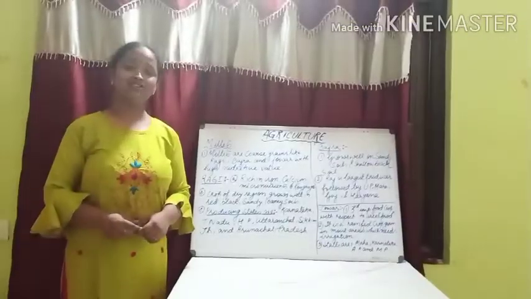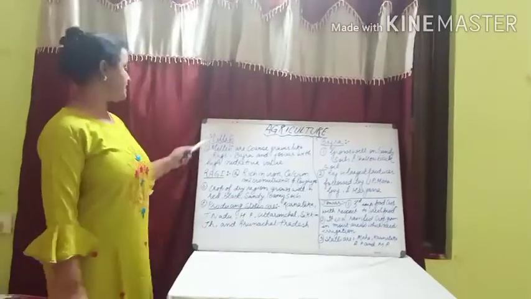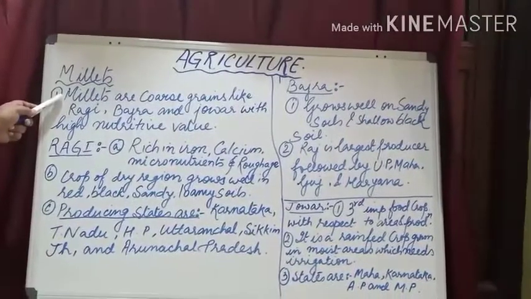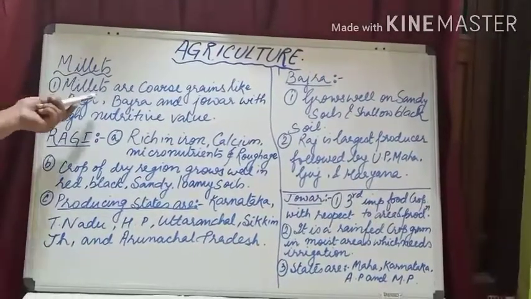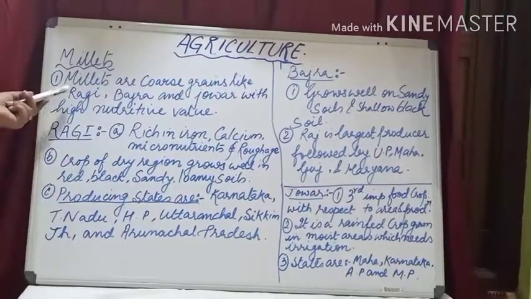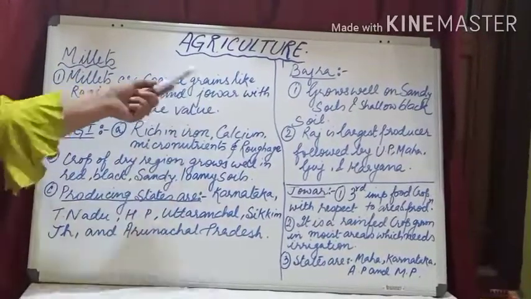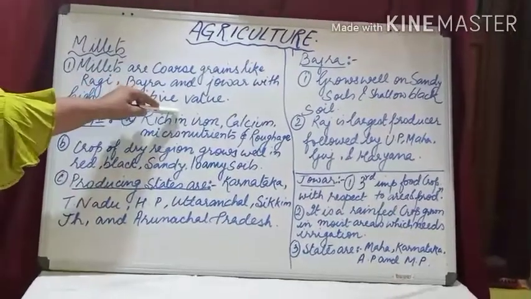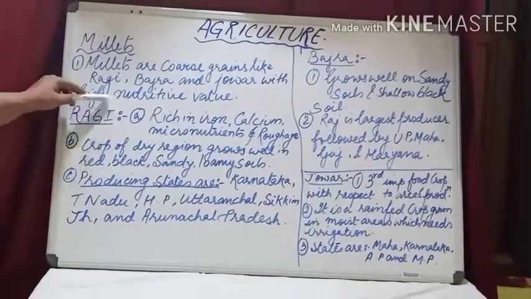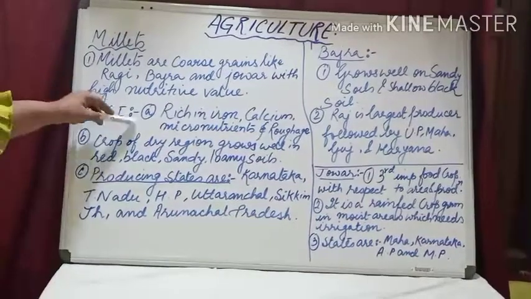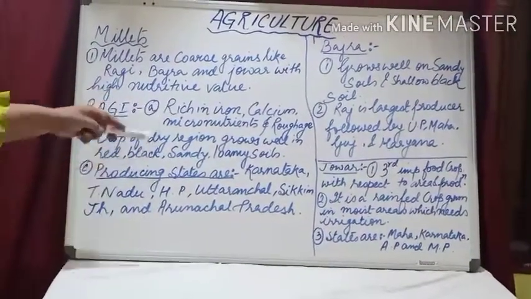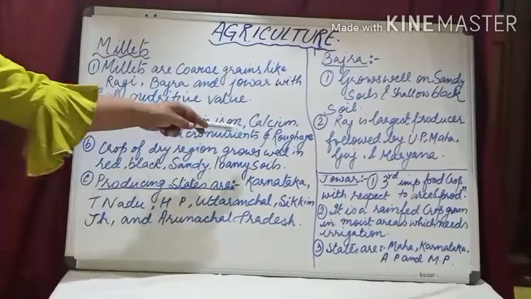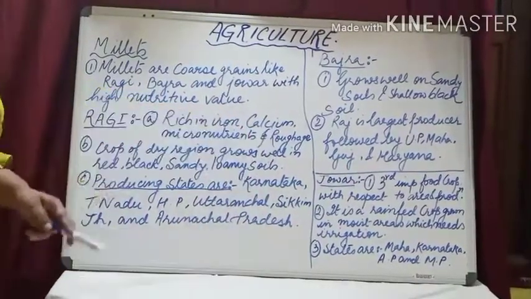So now let's talk about the next grain, that is millets. Millets, which is a coarse grain. There are three varieties, that is ragi, bajra and jowar, and it is having high nutritive value. Coming back to the first one, that is ragi. Ragi is rich in iron, calcium, micronutrients and roughage.